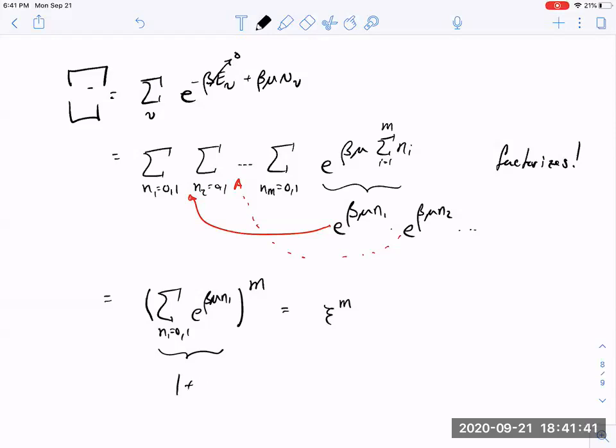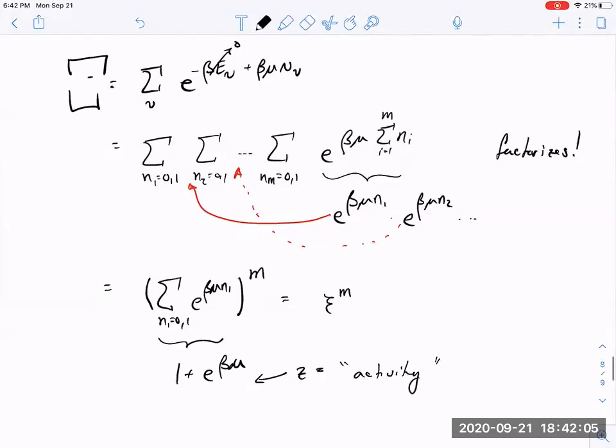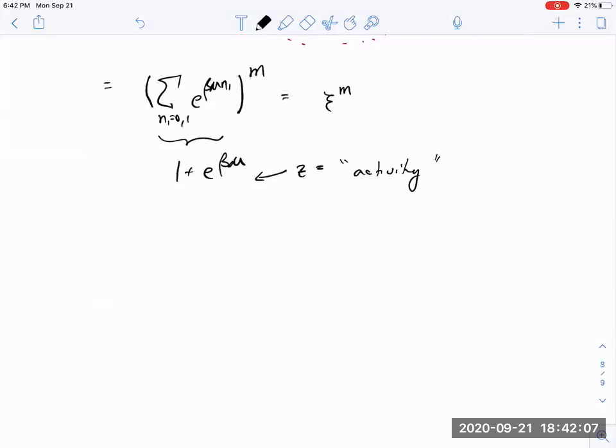The second one, when I put n1 is 1, is just e to the beta mu. Let's call that e to the beta mu z. And note that that is often called the activity. All right, so we've computed the partition function. It is just 1 plus e to the beta mu raised to the M.